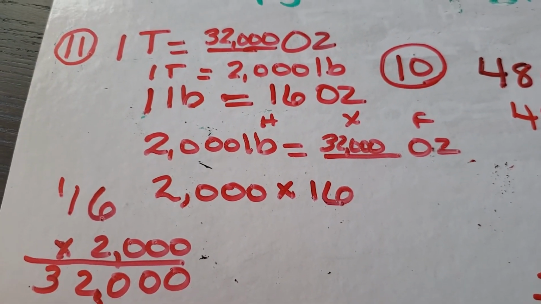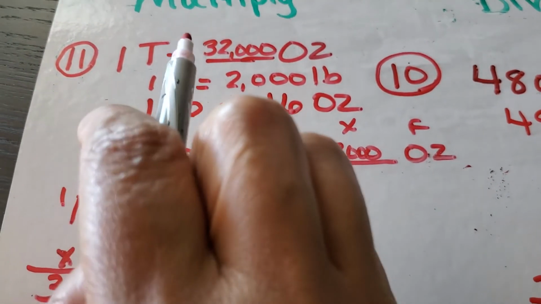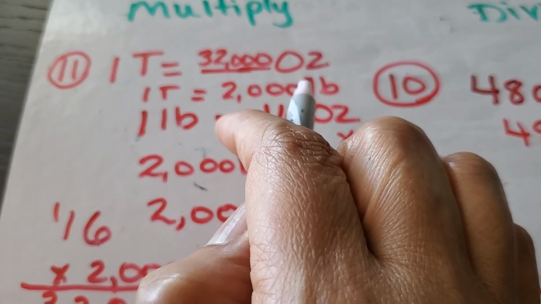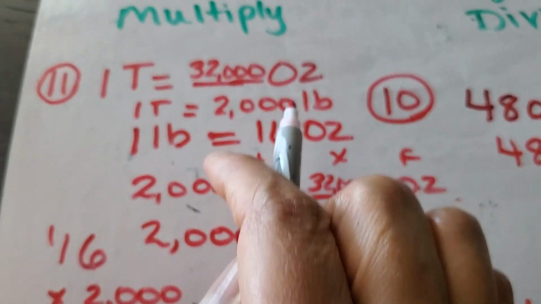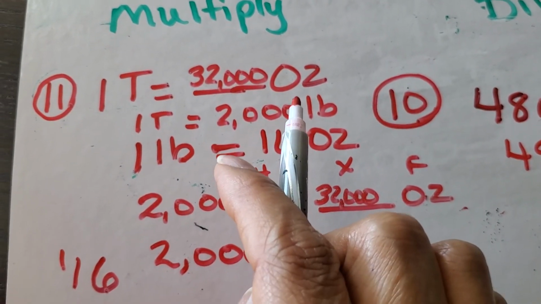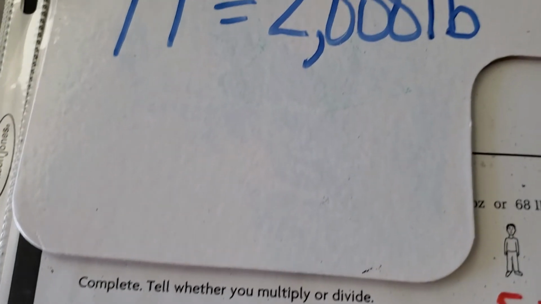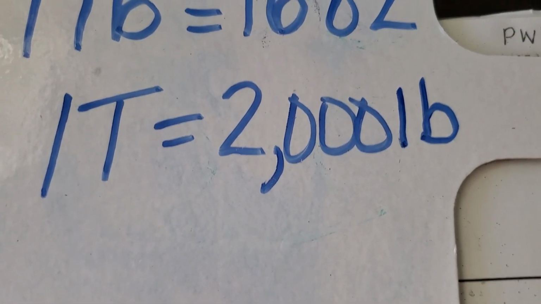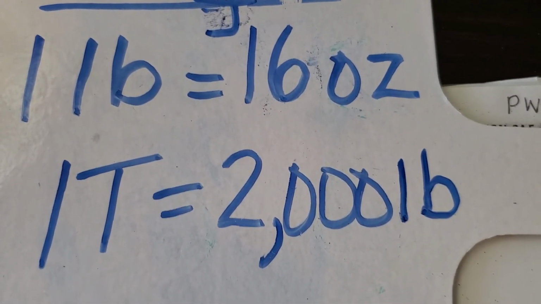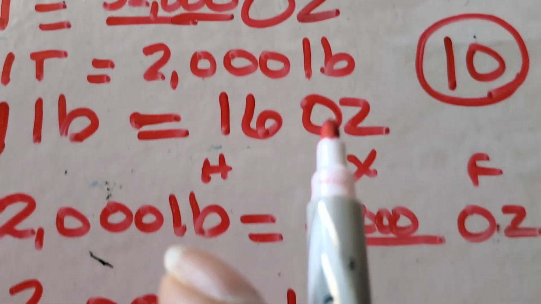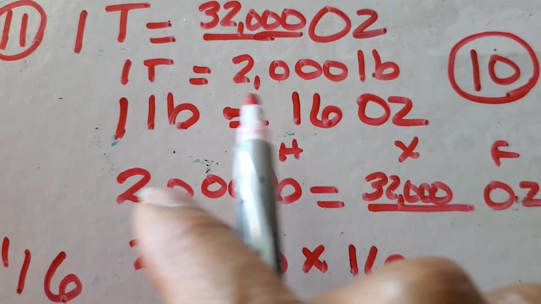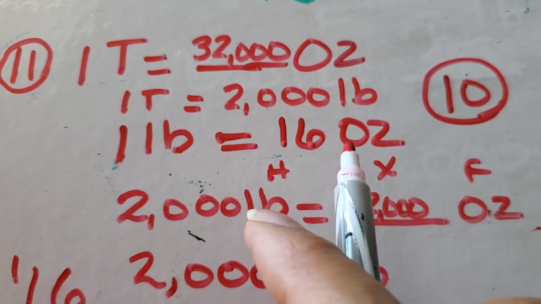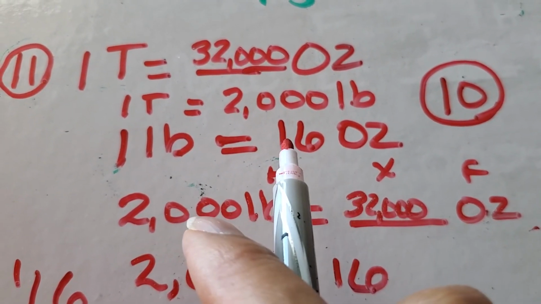Okay. So how did I do this? I started out with 1 ton, and I'm saying I need to change it to what? Ounces. But I can't do that, can I? My conversion chart doesn't help me. My conversion chart says 1 ton equals 2,000 pounds, and 1 pound equals 16 ounces. So I wrote that down here. So what did I do?